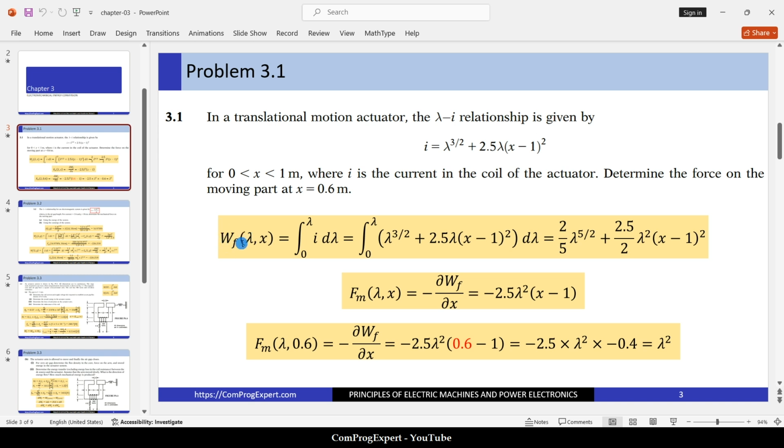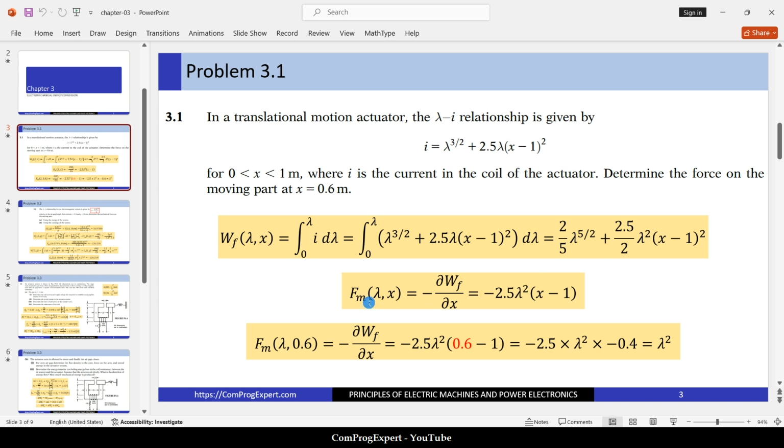Energy is a function of the flux linkage and x, the integral from 0 to lambda of i d lambda. So replace i from this equation, and if we take the integral of this expression and replace the boundary points, we will have this equation. So this is the energy as a function of the flux linkage and x.